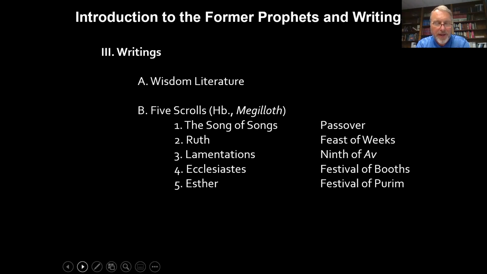So this is a little introduction to the writings. Now, one more thing I want to say about the writings. There are 5 special books among the writings, the 5 scrolls, if you will, that are called the Megilloth. The word Megilloth in Hebrew means scrolls, plural, with an S on the end.